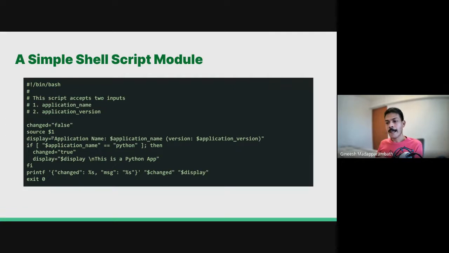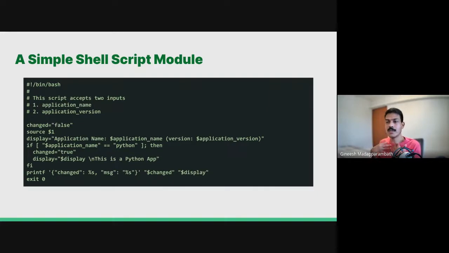Actually, you can get the variable names, application name and application version, these details by sourcing the $1. I think if you are familiar with bash scripts, I don't need to explain in detail. So you get these variables here, then you display some information. So the display variable you set here, then you have some code inside. So this is your module. You do whatever you want.